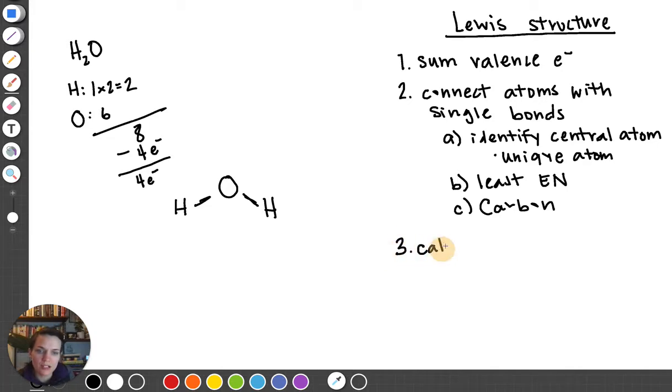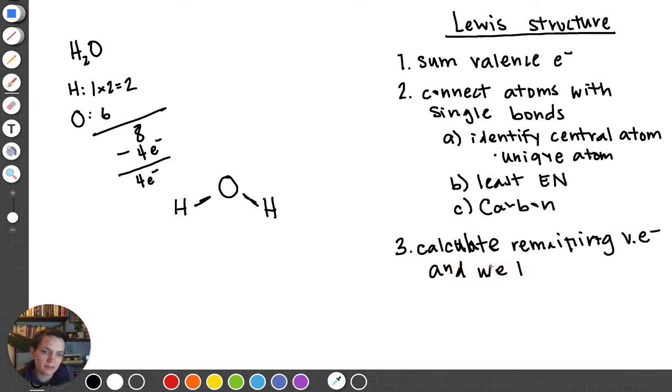So in the third step, you're going to calculate your remaining valence electrons. That's what we just did, we have 4 left, and use them. I'm sorry, this tablet is terrible.